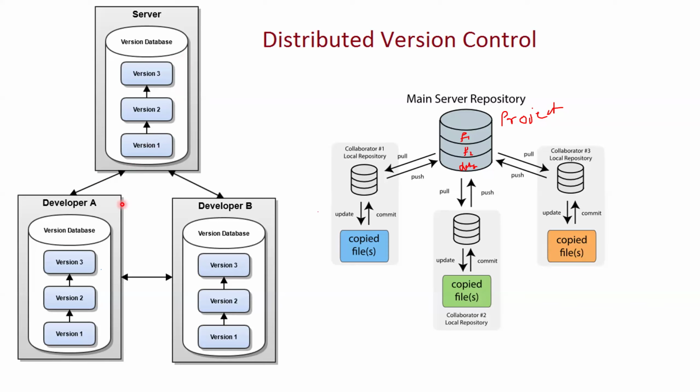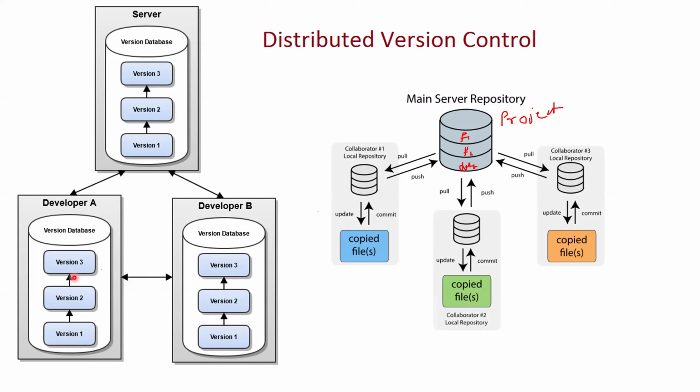He will get all the versions that have ever been created, the whole history, the file tracks, every change that we have made. He will get all of this in his local repository, or on his local machine.